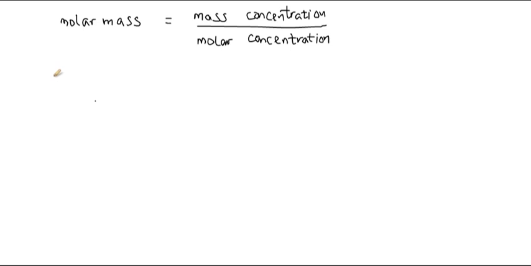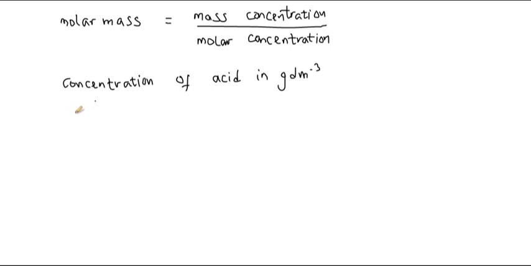But the mass concentration as well is unknown, yet it can still be gotten because we've been given the mass of the acid present in 250 cm³. So to get the mass concentration of the acid, like the concentration of acid in grams per dm³, we'll say we have 2 grams.